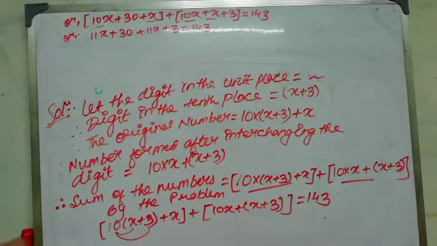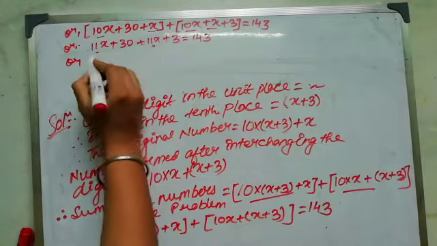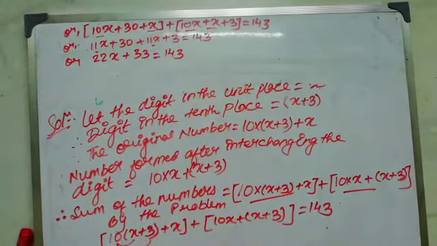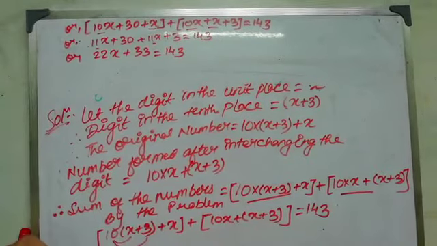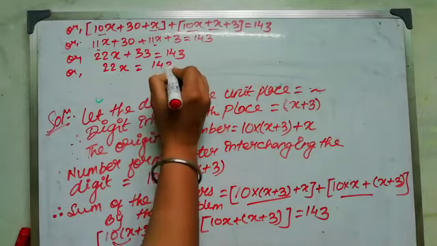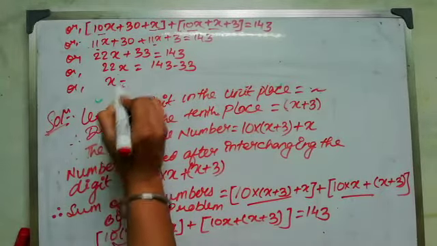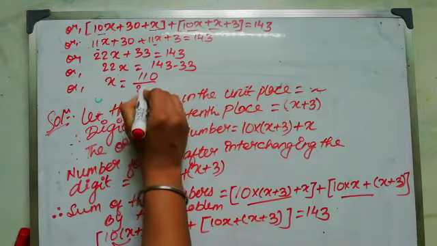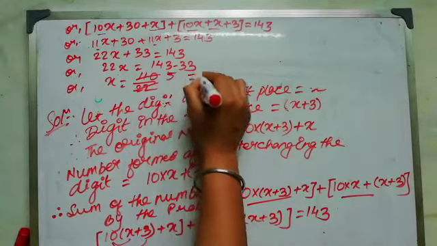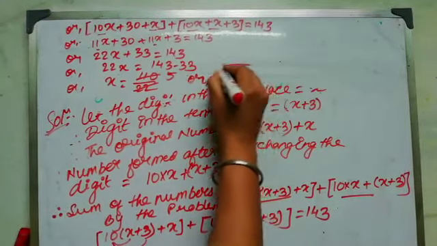Clear with the solution part, students? Hope there is no problem. So 22x is equal to 143 minus 33, or x is equal to 5.